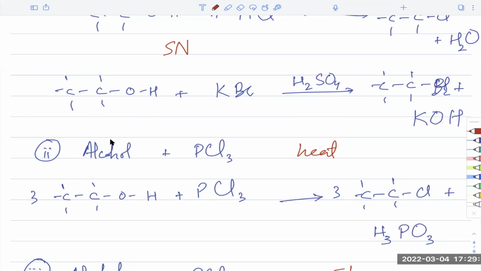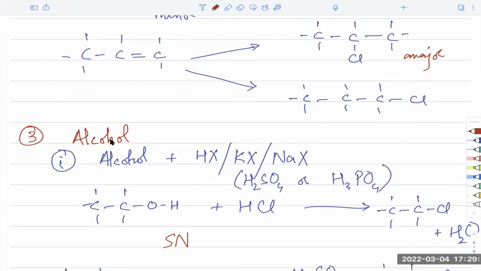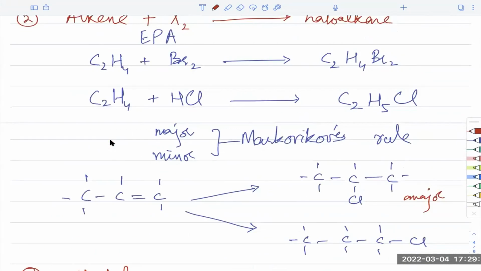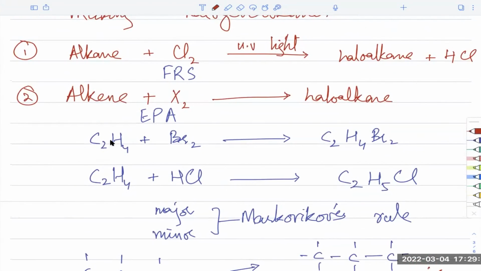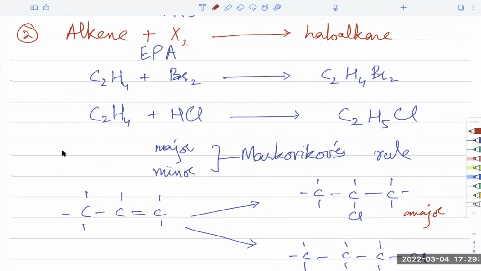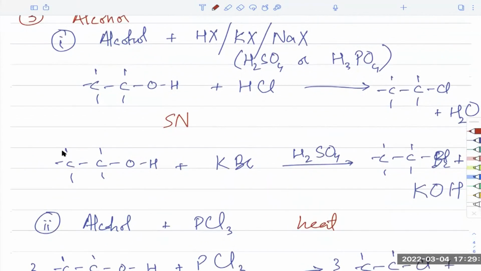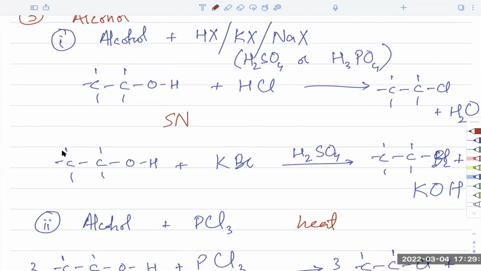That's 5 different methods, I think 6 different methods of making them. Alkanes, free radical substitution, we know it. Alkenes, electrophilic addition, we know it. And alcohols, 4 methods. And we will review these methods later on when we study alcohols as well. And we'll try to understand why this is happening.